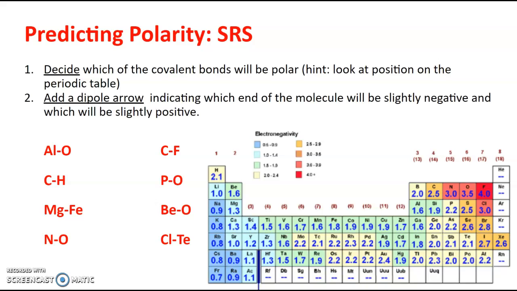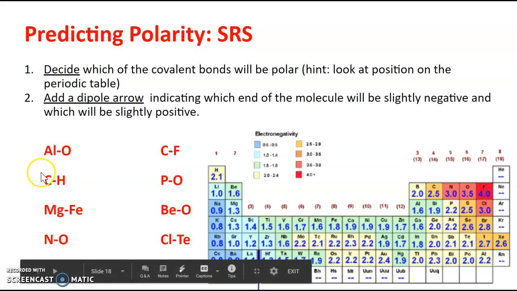I think that might be math. And that is a large difference. So it's definitely going to be polar, and the oxygen is stronger. And so the arrow will point towards the oxygen, and the plus end of the arrow will be over the aluminum. Do this in your student response sheet, and then I'm going to walk you through the rest.